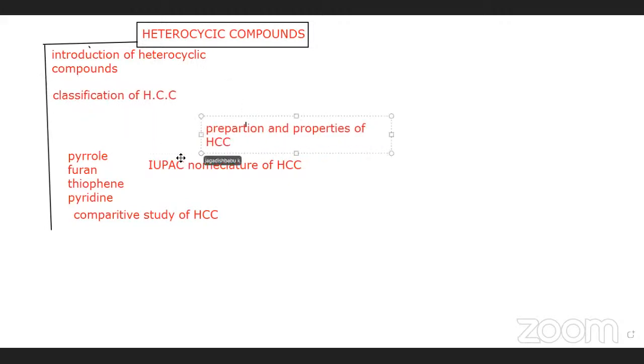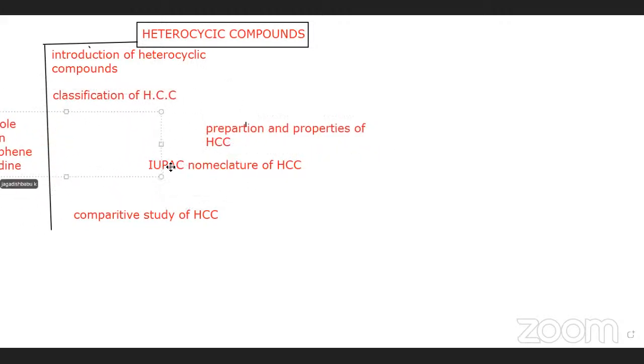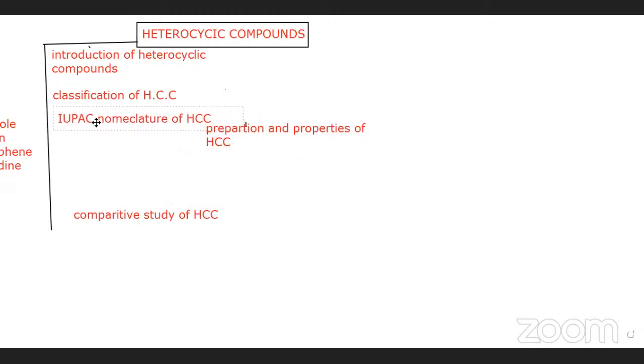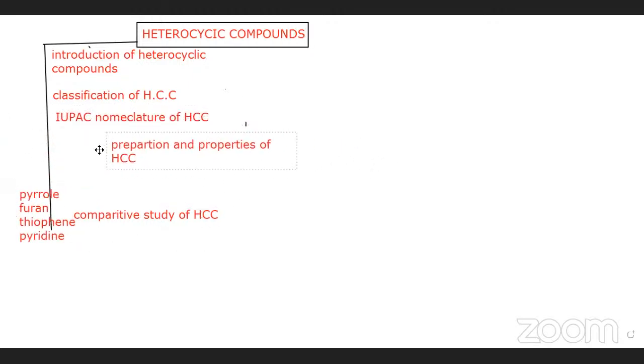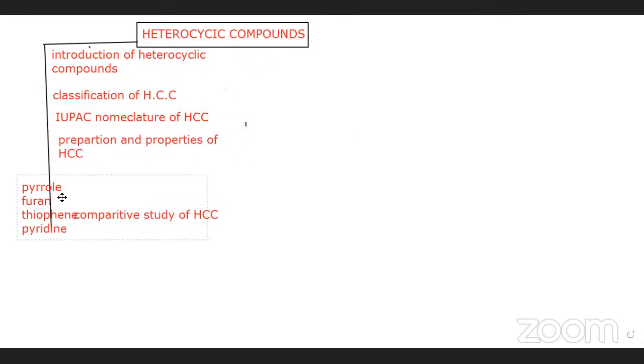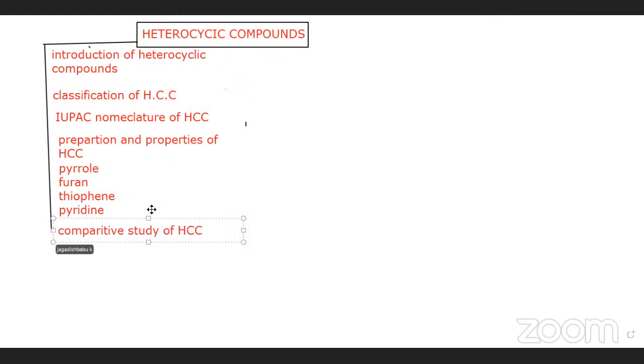Next is IUPAC nomenclature of heterocyclic compounds. Next is preparation and properties of heterocyclic compounds. Next is comparative study of heterocyclic compounds.